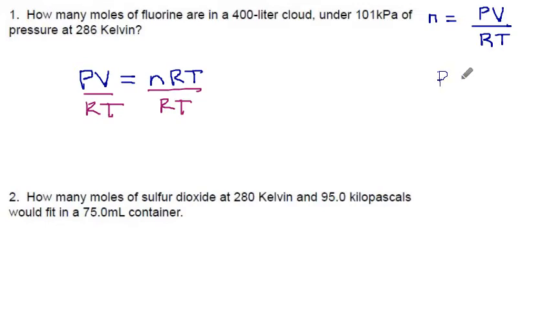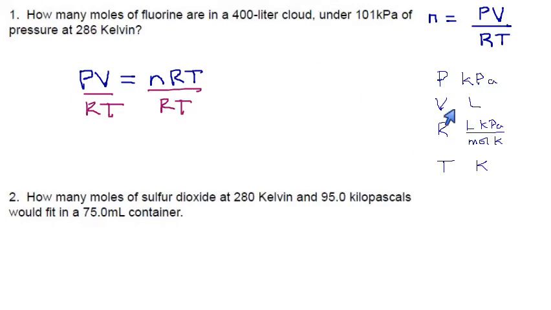Pressure is measured typically in kilopascals, not just pascals. Volume is measured in liters. The ideal gas constant has compound units. It's liter kilopascals over moles and over Kelvin. And the temperature has to be in Kelvin. Celsius degrees are no good.